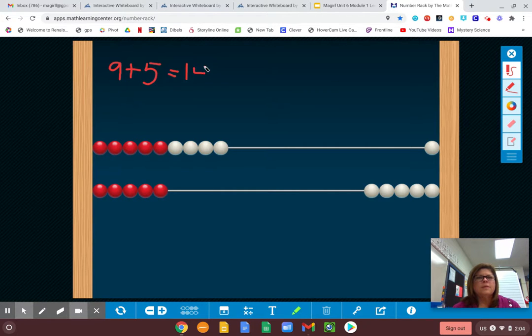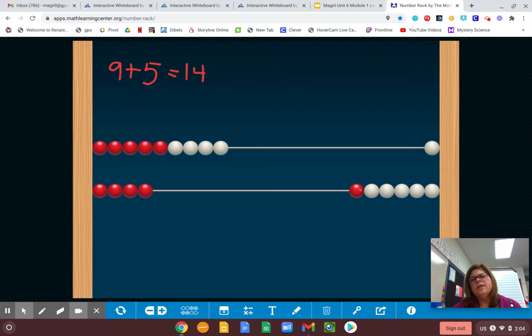Yes. And I also could have seen it as a 10. If I wanted to see it as a 10 plus some more, I would have traded the bottom bead for the top bead, and then I would have had 10 and 4 more, which also would have made 14.